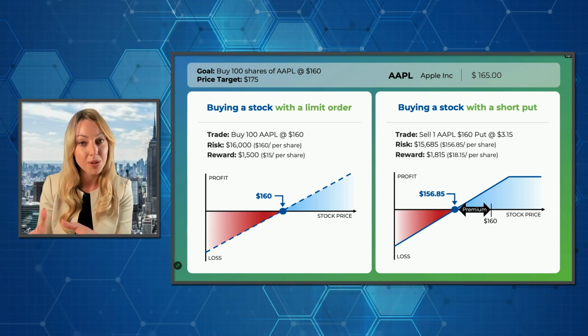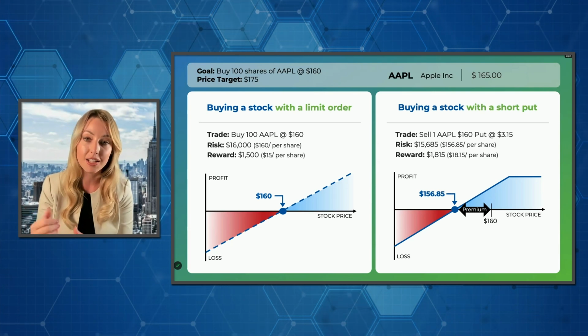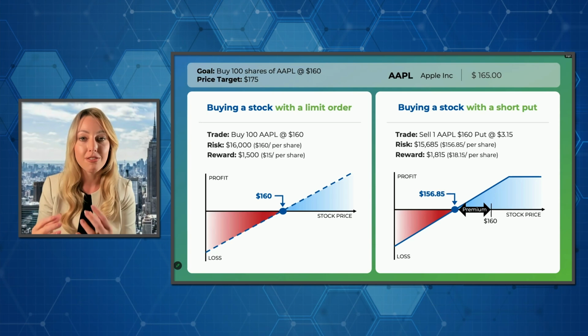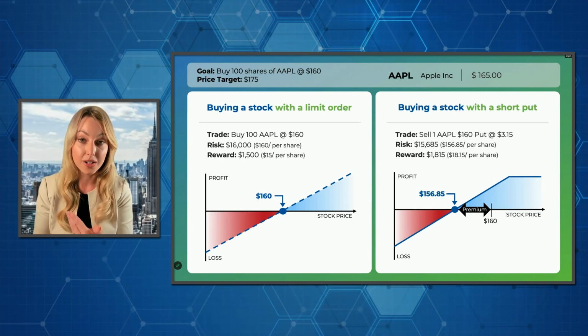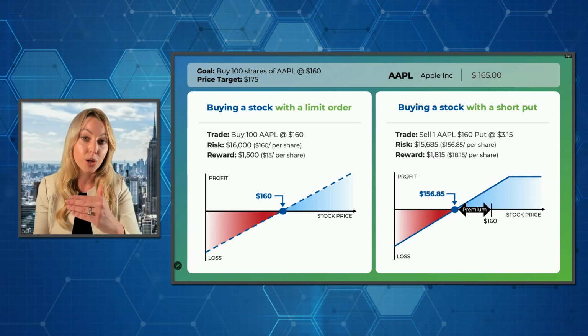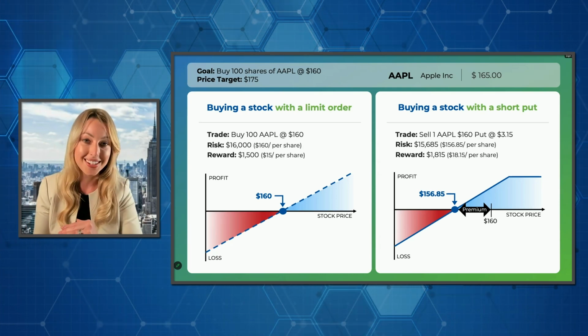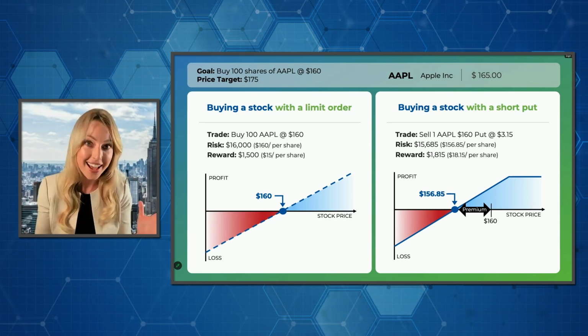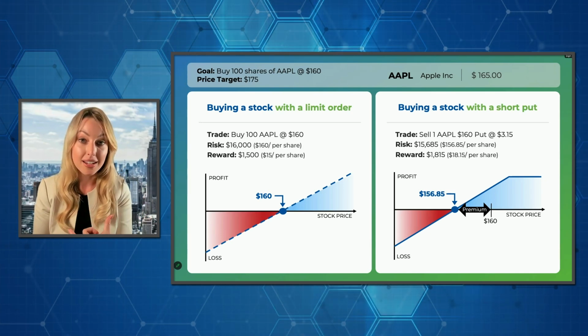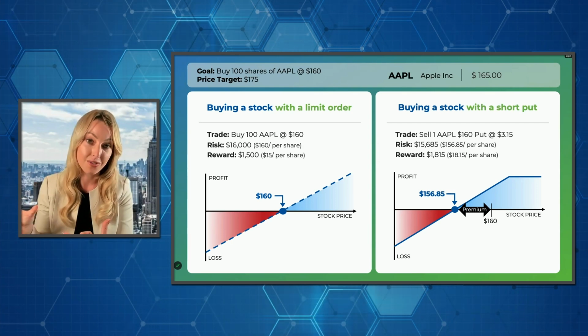If the stock, remember, this is a bullish strategy, so you're going to realize your maximum profit potential if Apple was above $160 per share by expiration. However, if Apple were to move down below $160 due to some calamitous event of some sort, you would then be obligated to buy at $160, but you received $3.15.